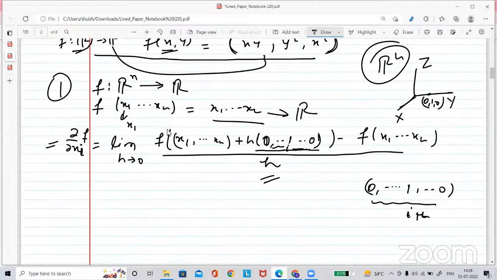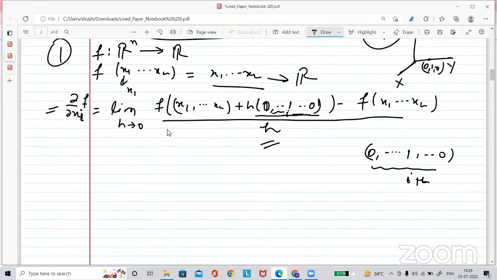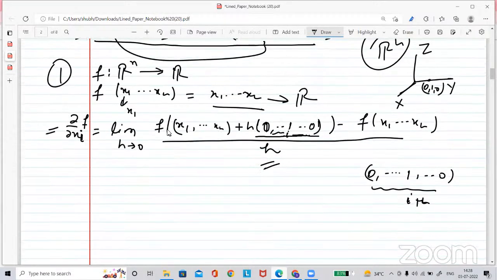You can name it the x1 axis, the x2 axis, and so on, so the ith axis means the xi axis.